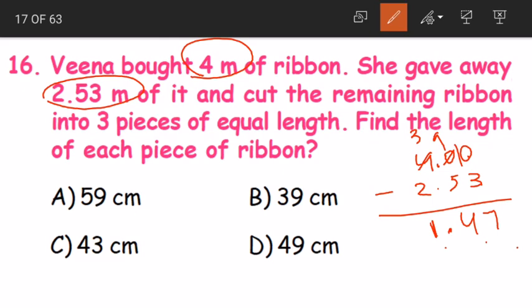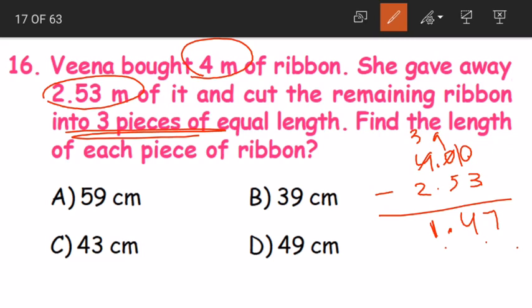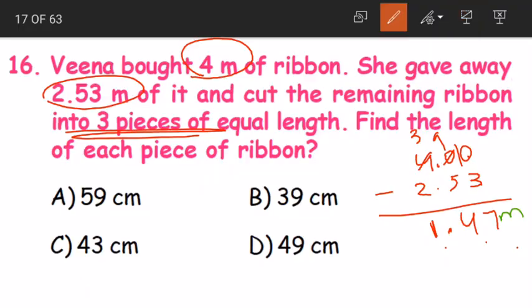Now what did Veena do? This remaining piece she divided into 3 pieces. 1.47 divided by 3. The remaining is 1.47 meters. Okay children, 1.47 meters means 1 meter and the decimal point 47.